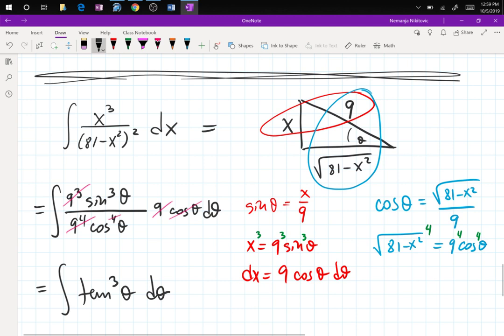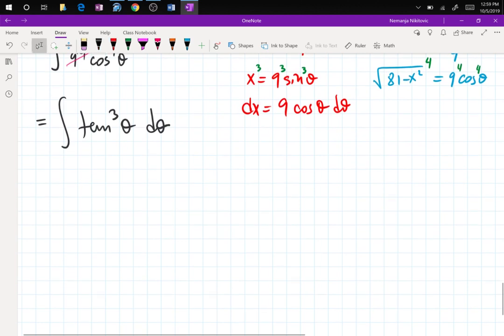And if I have tangent cubed theta d theta, the only method that I can use to solve that tangent cubed is by separating one out and then transforming to secants and all of that good stuff. So we're going to peel off one tangent.